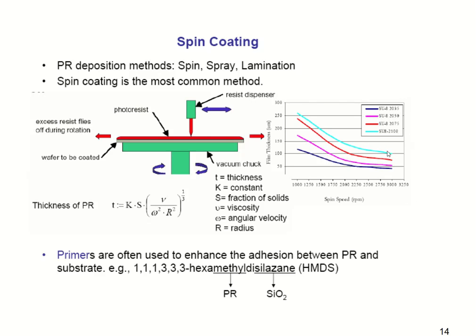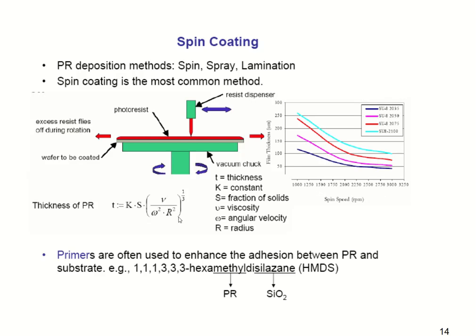Then if you want a thickness of 200 micron, your RPM speed should be around 1500 RPM, right? So in that way you can use this chart to figure out your spinning speed.